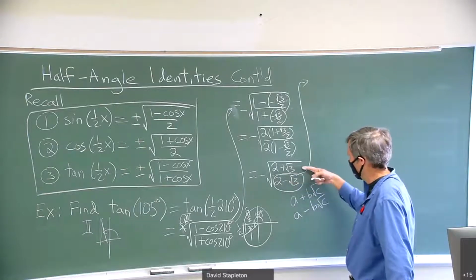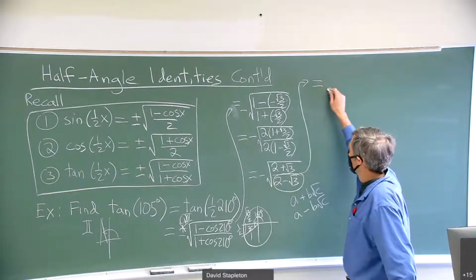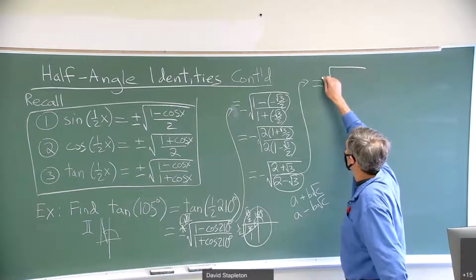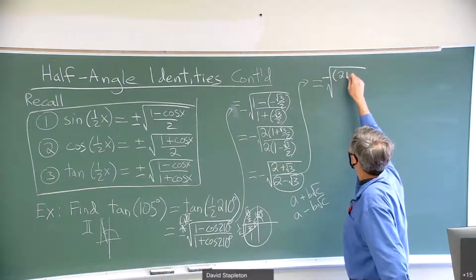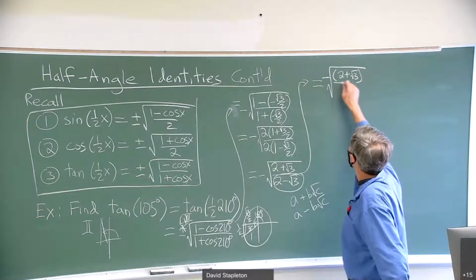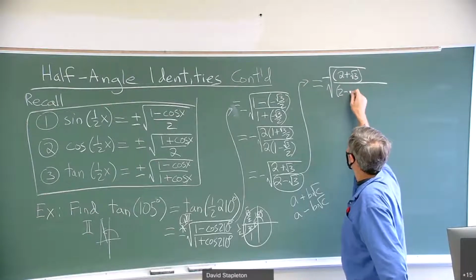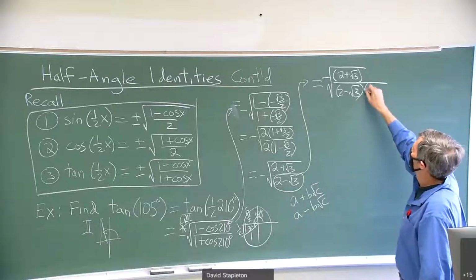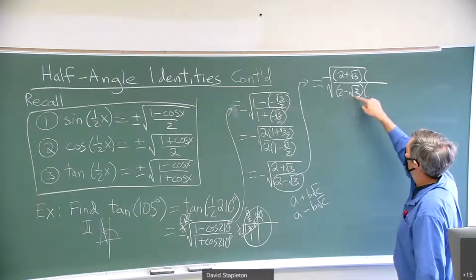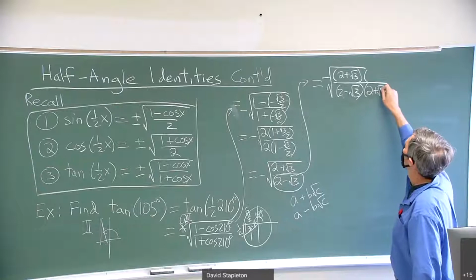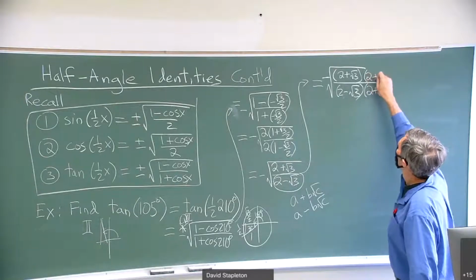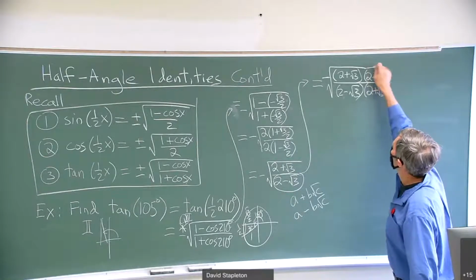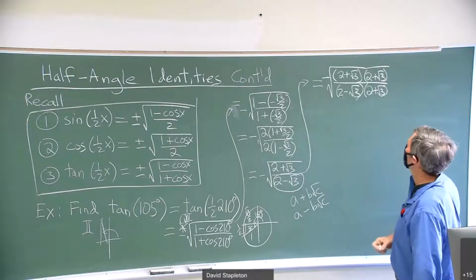Then I have to multiply the top by the same so that I don't change the quotient. So what I'm saying is this: I have minus the square root of 2 plus square root 3 over 2 minus square root 3. To get rid of the radical in the denominator, I'll multiply both the top and bottom by its conjugate, 2 plus square root 3. So you see this gets pretty complicated in algebra, but it's necessary, right, to get the exact answer.